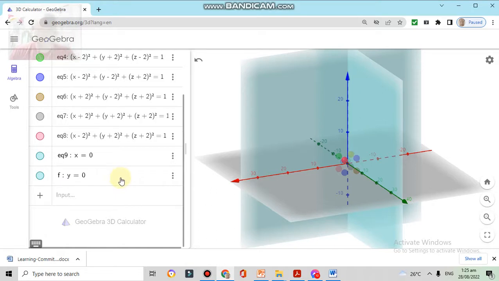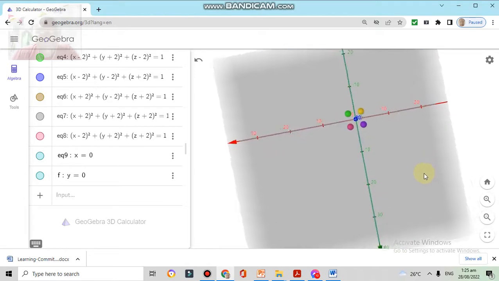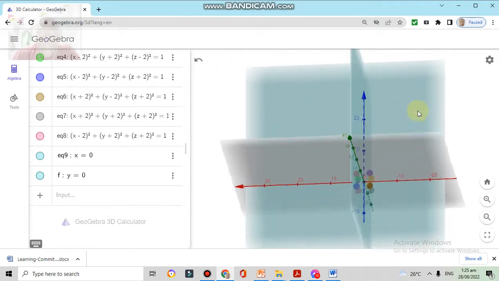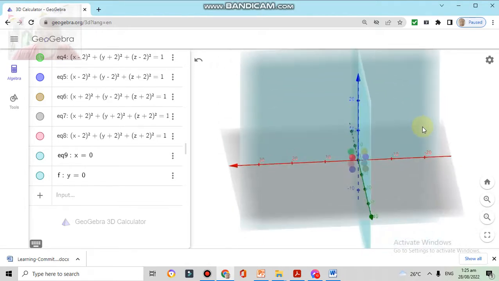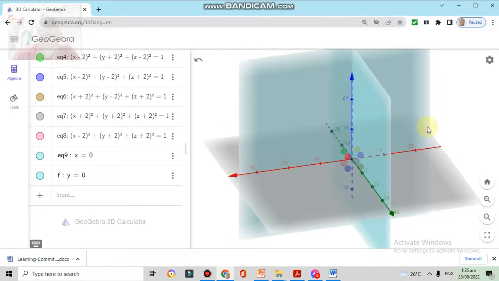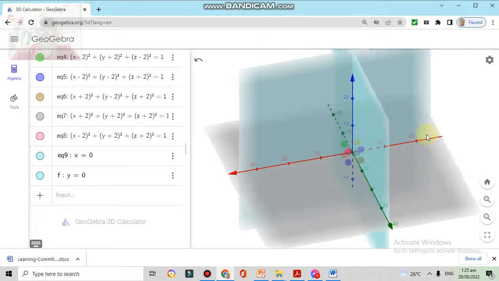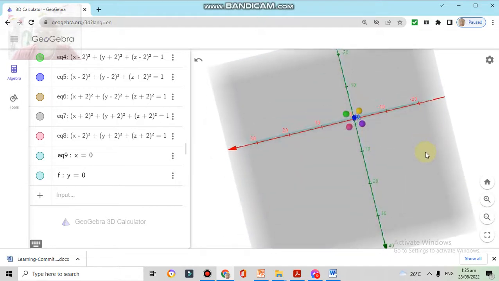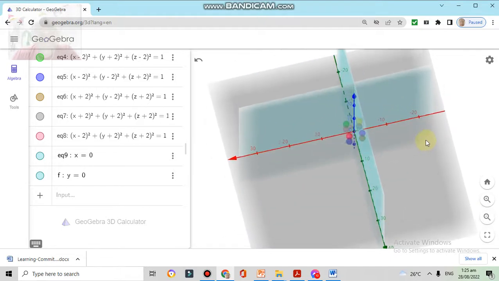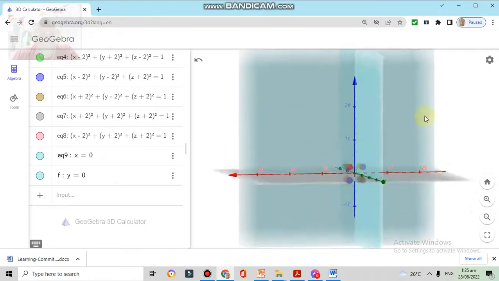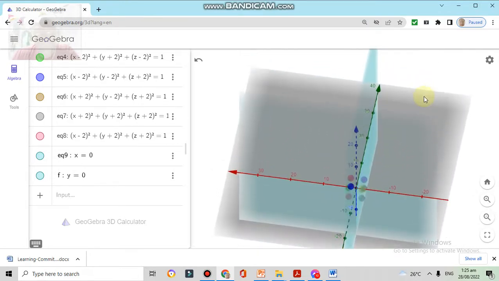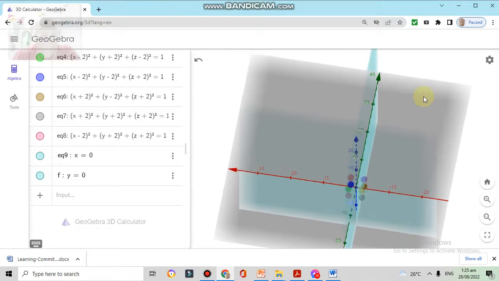Because of the perpendicular intersection of these three planes, the space has been divided into 8 octants. We have 4 octants above the xy plane, and another 4 octants below the xy plane.